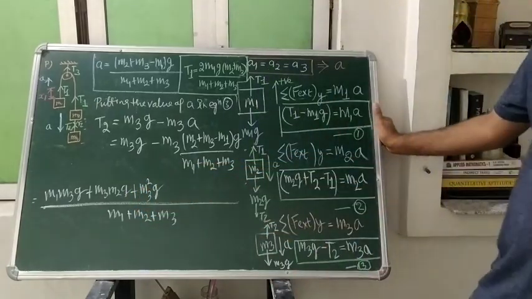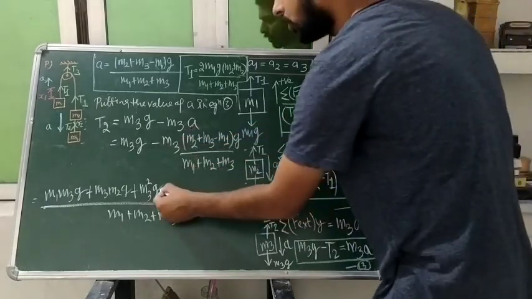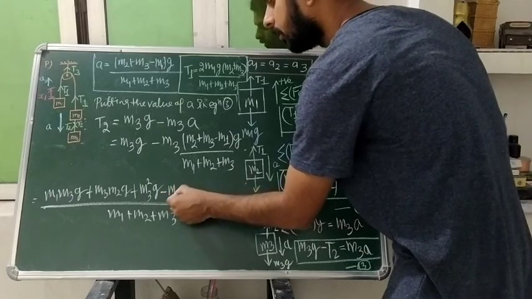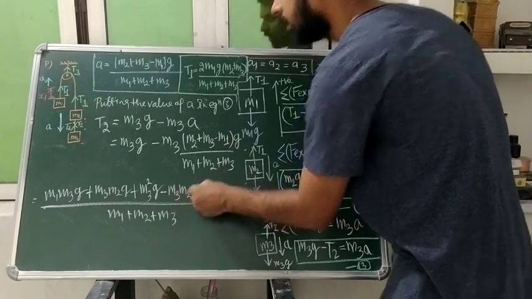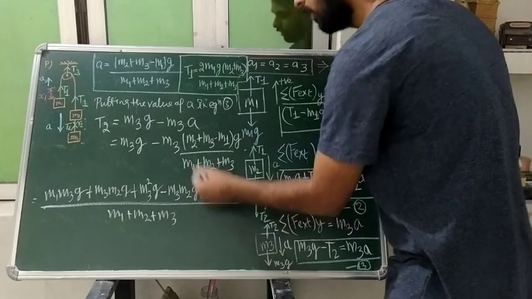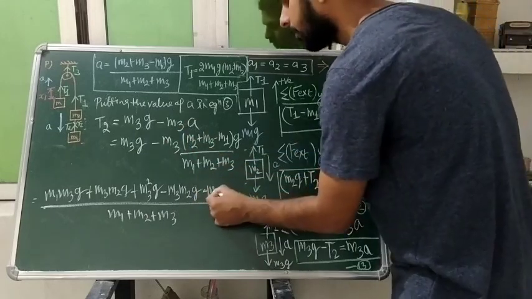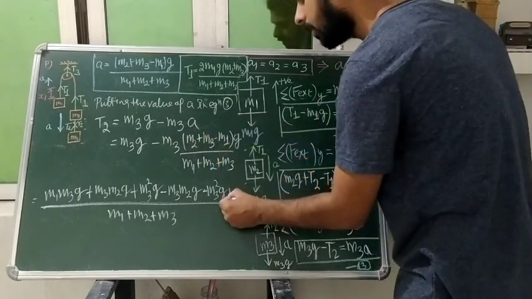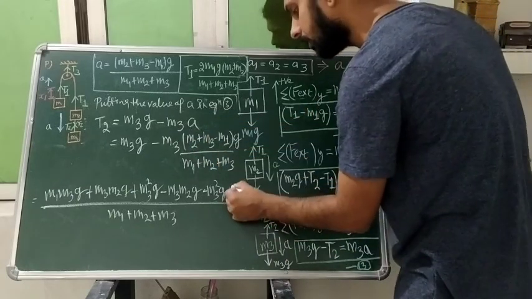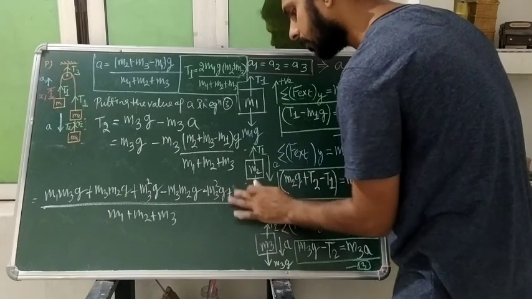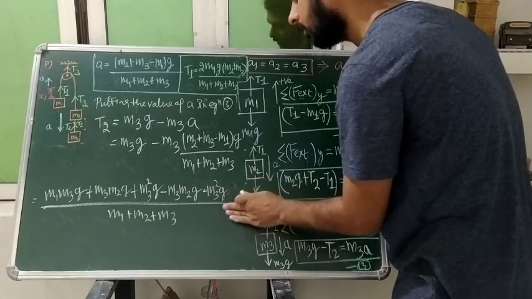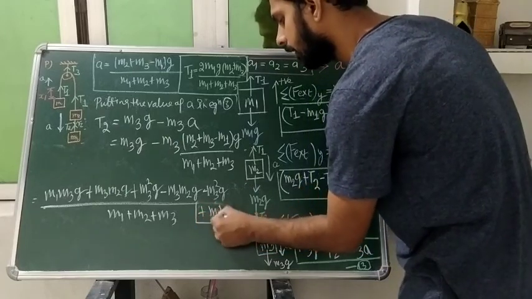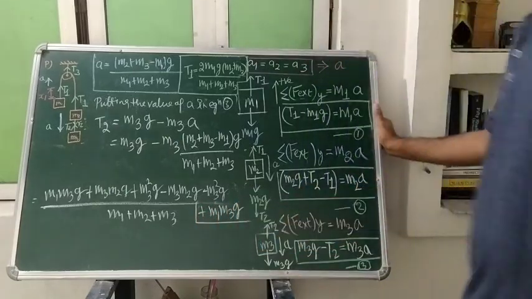Minus is here, so minus m3 m2 times g, minus m3 square times g, and minus will become plus, so it will come out plus m1 m3 g.